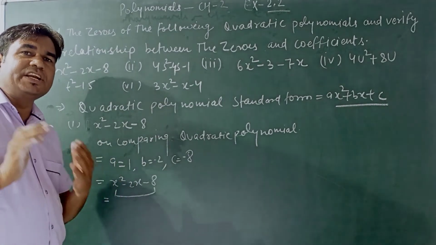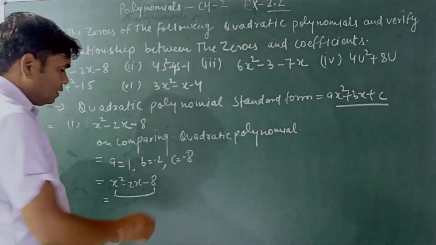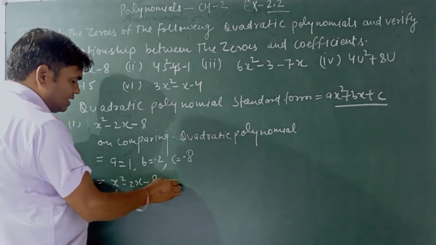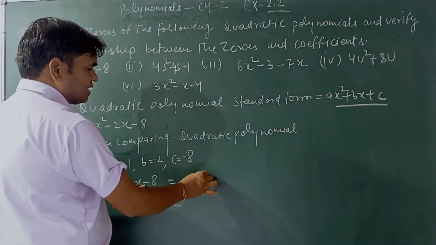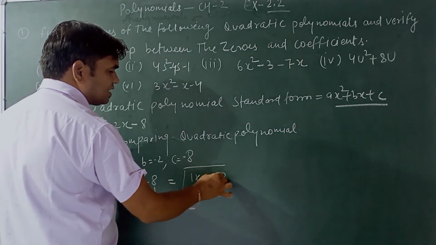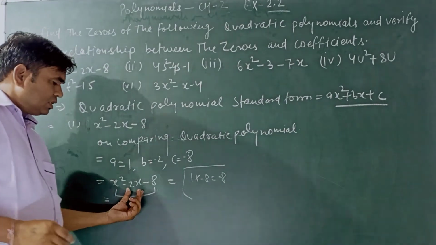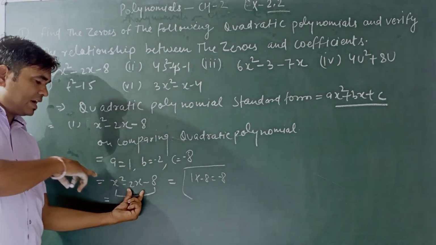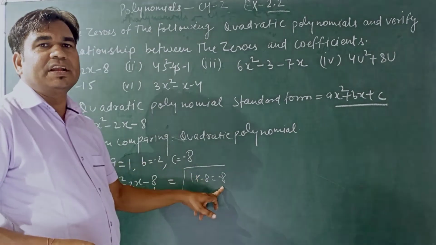It means in a quadratic we multiply the constants, here 1 and minus 8, so the product should be minus 8.